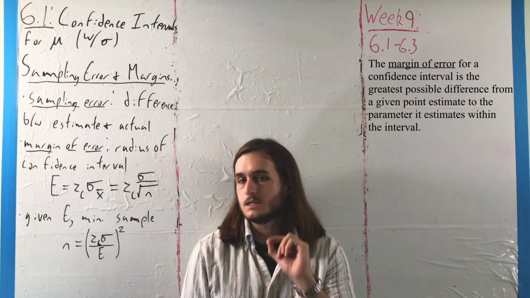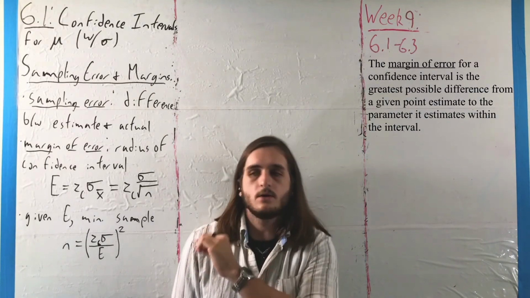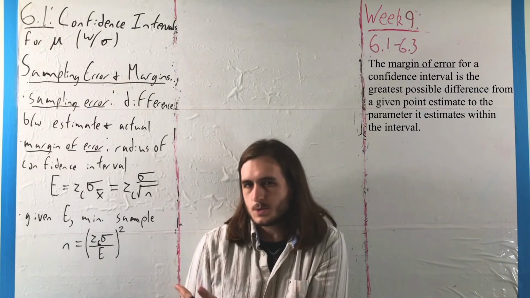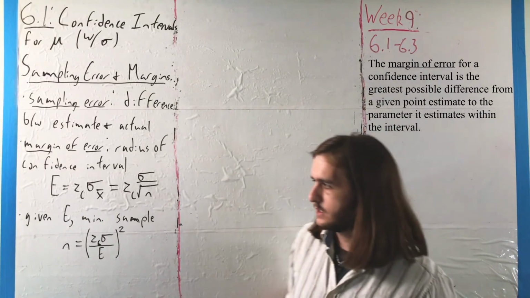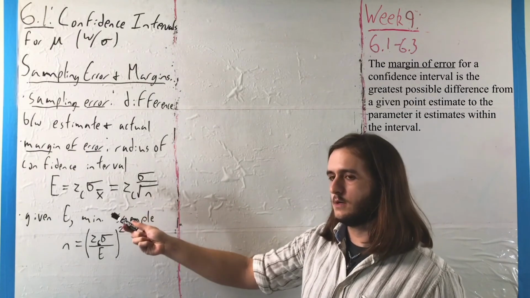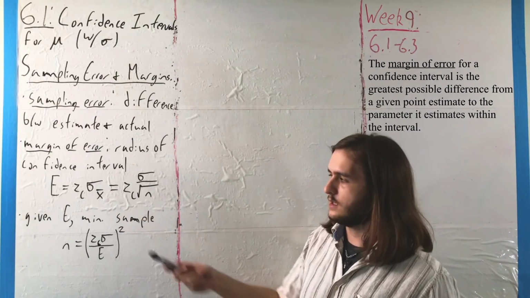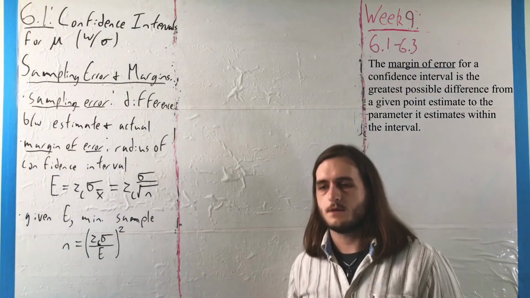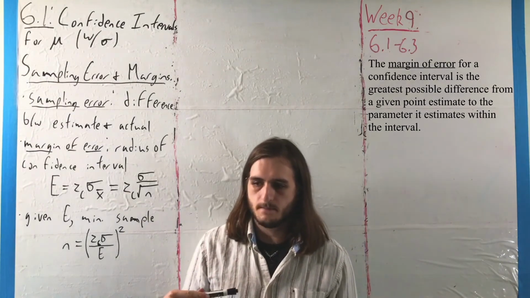But before I get into that example, I do want to be very clear about something, because it's easy to lose focus on where this comes from. Let's remember, we're looking at a standard error, and we're talking about using a sample mean to say something about a population mean.